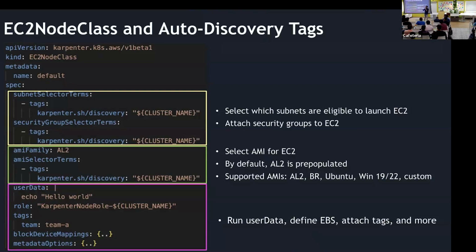So even if you create a new subnet tomorrow, the Carpenter file will automatically detect it because we have auto discovery tags in place. So we are sure every time that our networking and security constraints are protected and we don't pose a security issue. AMI I will talk about later, like how you can upgrade your AMI, because AMI upgradation is a very important feature of Carpenter, and you will see how fast it is in comparison to your regular node group.